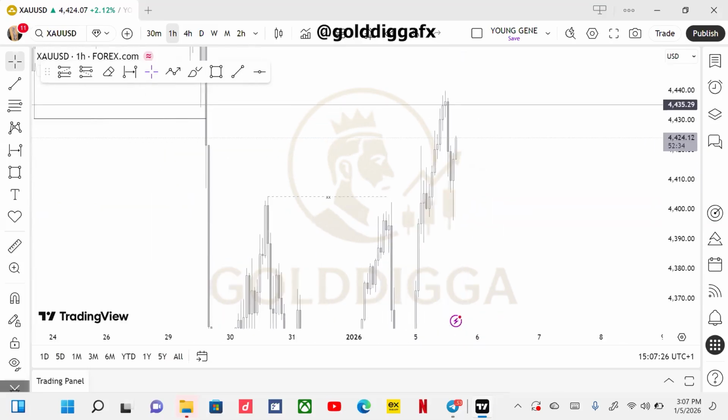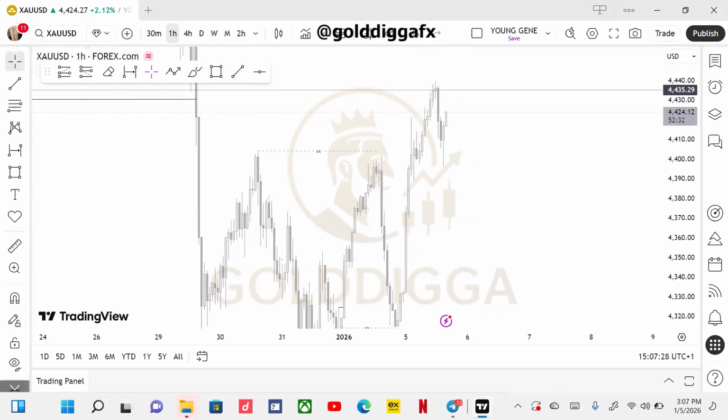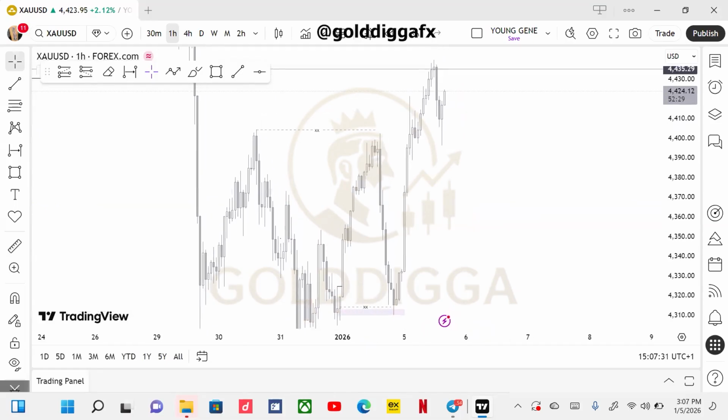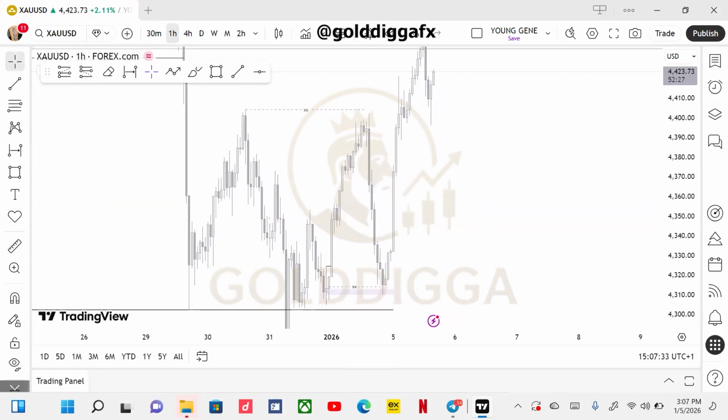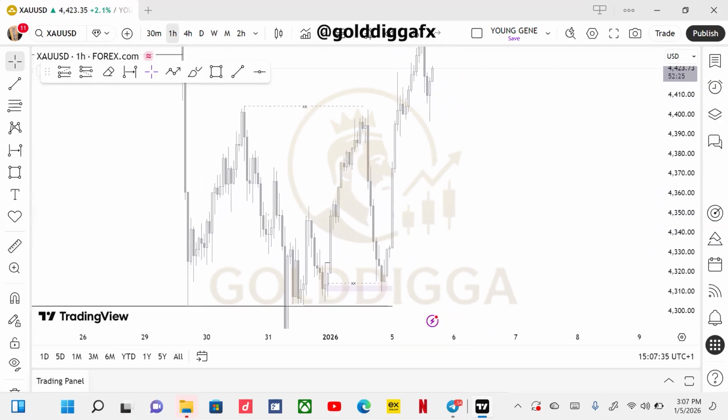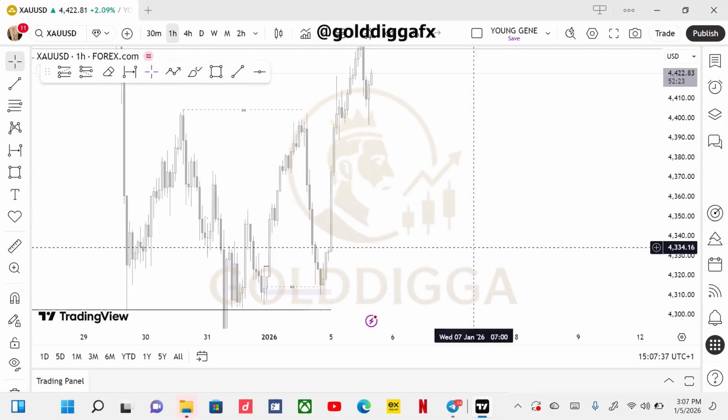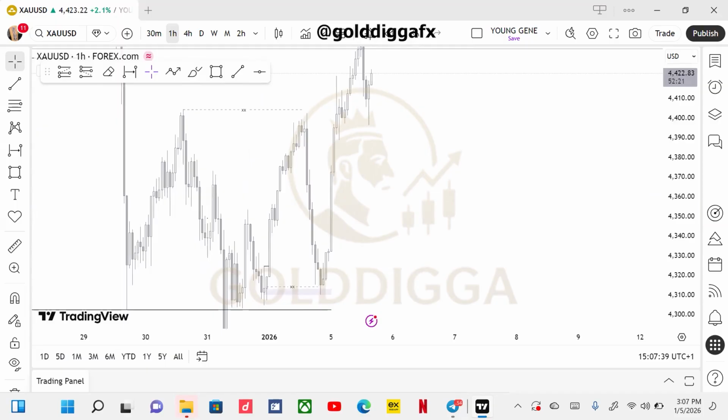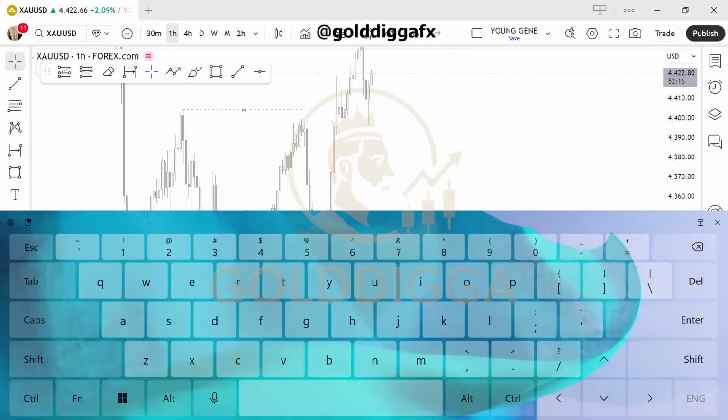You can see, even if price doesn't hit your main target or your main objective, 420 pips is a lot. But one other reason I'm targeting this area is because there's so much liquidity down here to be moved out.